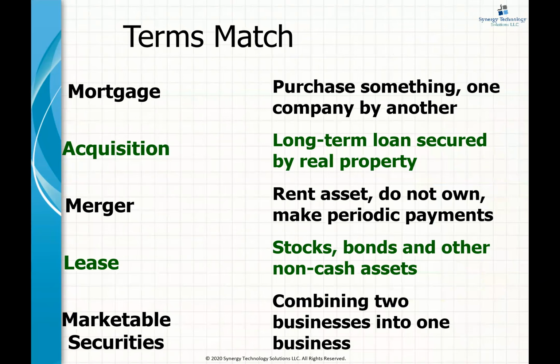Now there's some term matching that I will play, okay? So what is a mortgage? It's a long-term loan secured by real property. Acquisition: the purchase of something or a company by another. So acquisition, you have to disclose also.